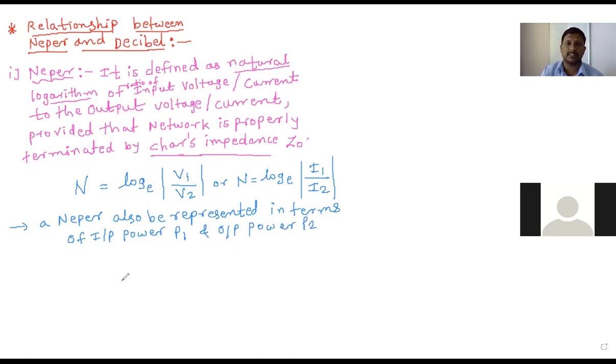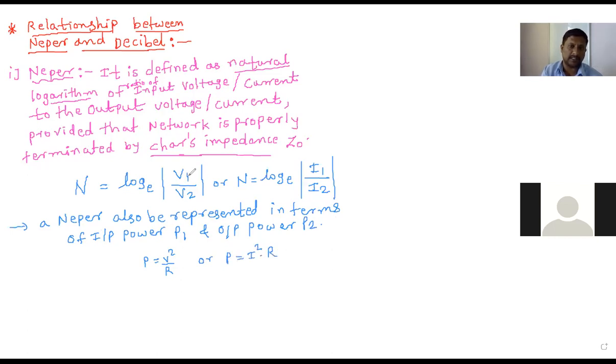But what is the relationship between voltage and power, or current and power? What are the formulas? P is equal to V square divided by R, or P is equal to I square into R.